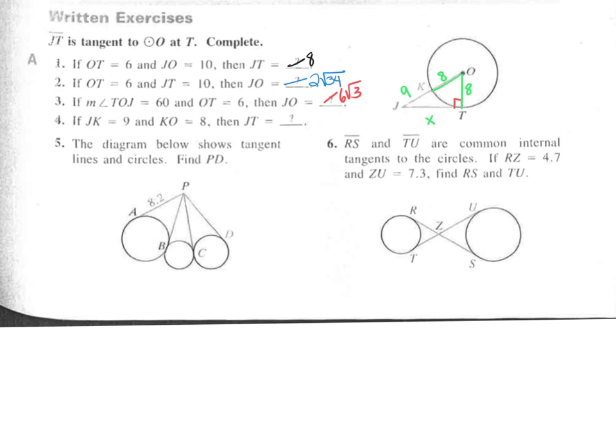Now I have a situation where I can use Pythagorean. My hypotenuse is a total of 17. So I'm going to have 17 squared equals 8 squared plus x squared. Okay, 17 squared is, I think I know that in my memory, but I'm going to just go ahead and check it out just to make sure.